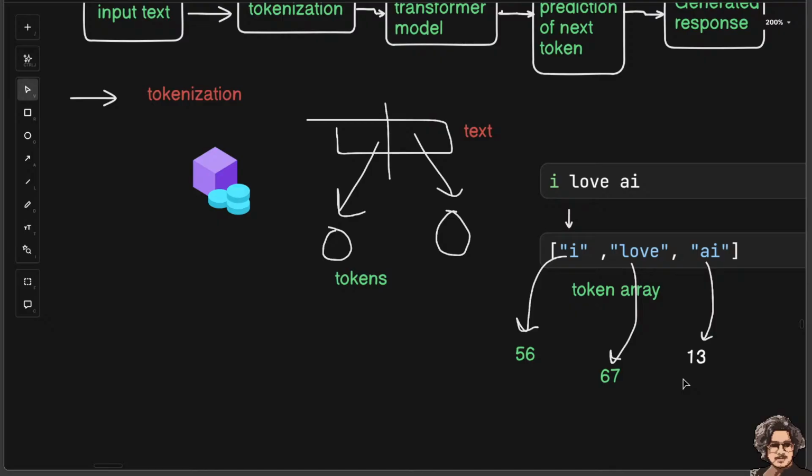A follow-up question could be, why is tokenization important? Because an LLM processes tokens instead of raw text.